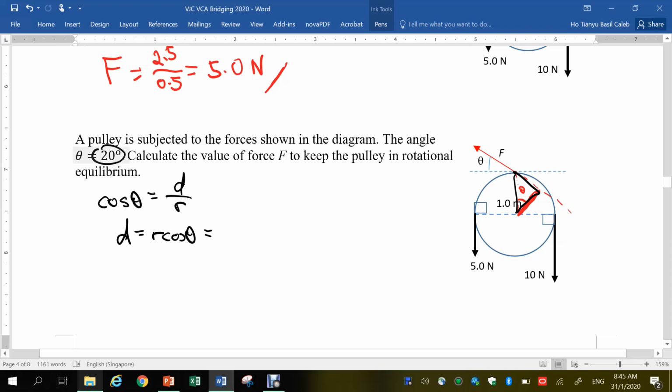We sub in the values, and we get 0.47 meters. That's the perpendicular distance.